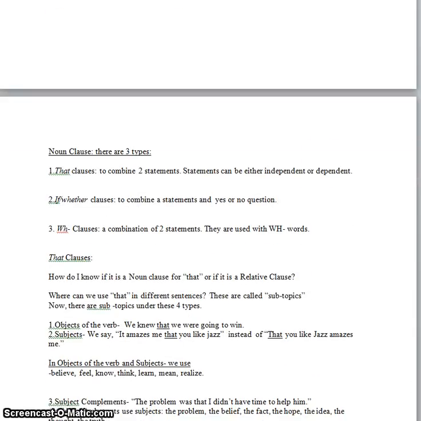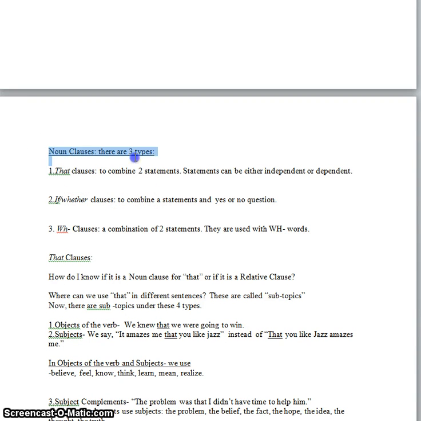Now let's talk about noun clauses. Now, some of you might say, how do I know if it is a noun clause or if it's a relative clause? Well, there are some ways to tell the difference, but right now, there's something very important that I want you to know.